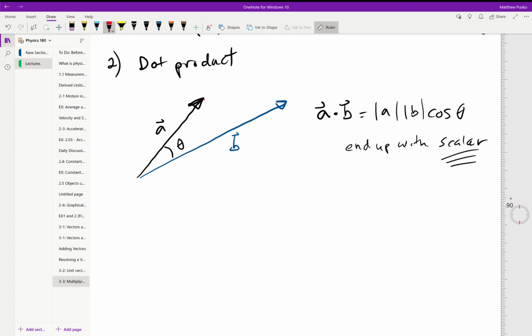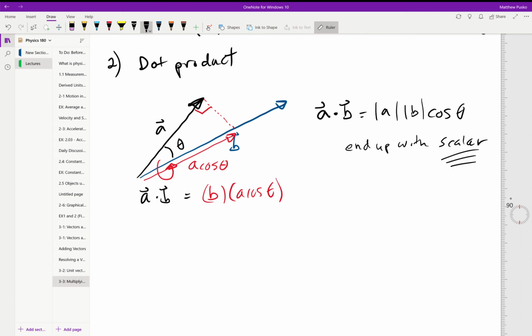If I projected a 90-degree angle from a onto b, that would give me a cosine theta. And then what we would be doing is multiplying these two vectors together, b times a cosine theta. That is equal to a dot b, the dot product of a and b.